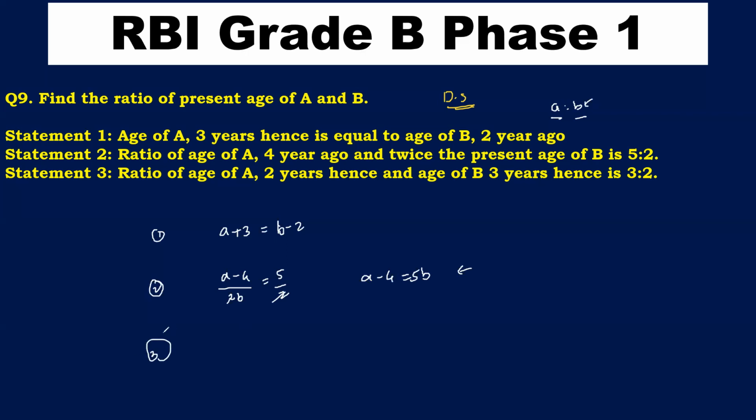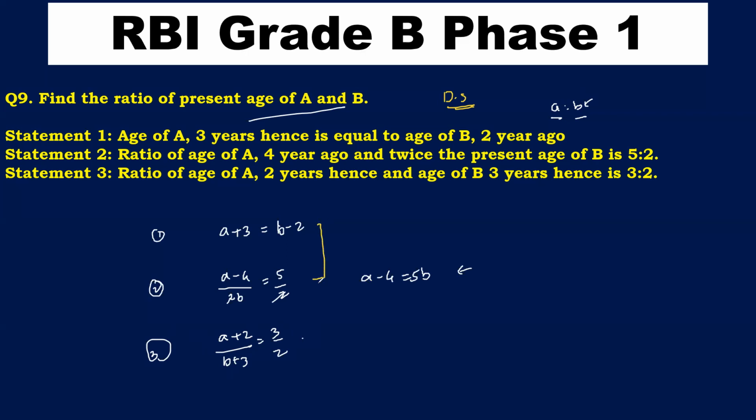And third, the ratio of age of A 2 years hence, meaning A plus 2, and B 3 years hence, that means B plus 3, is equal to 3 by 5. So single-handedly, this also can't answer this question. But as we know, two equations and two variables are needed.